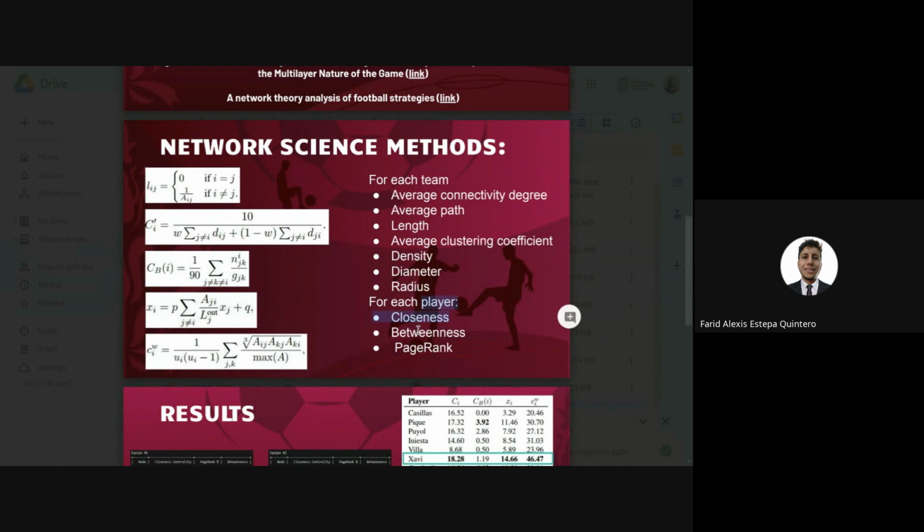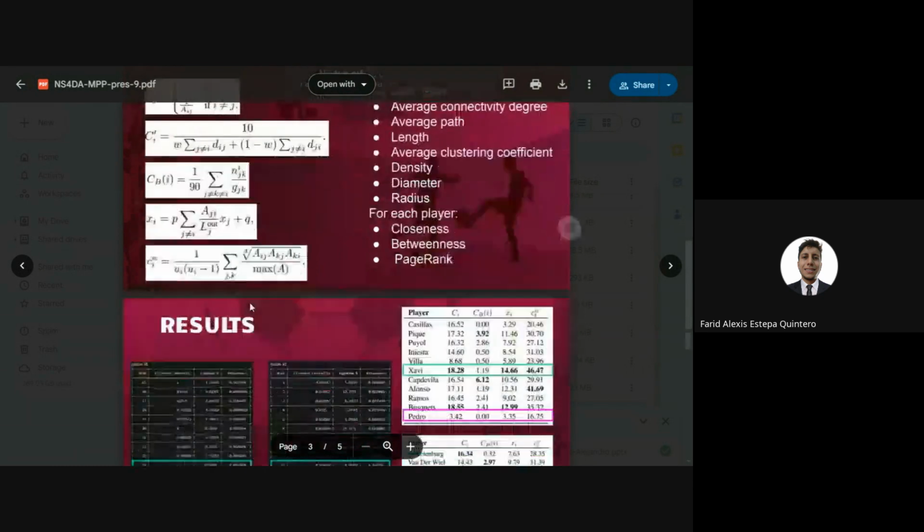And lastly, the page rank assigns to each player the probability that he will have the ball after some number of passes that has been made by the team.